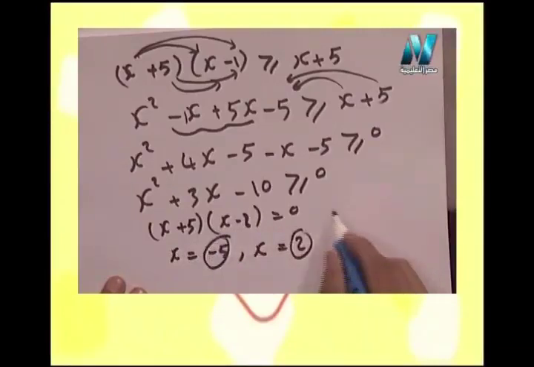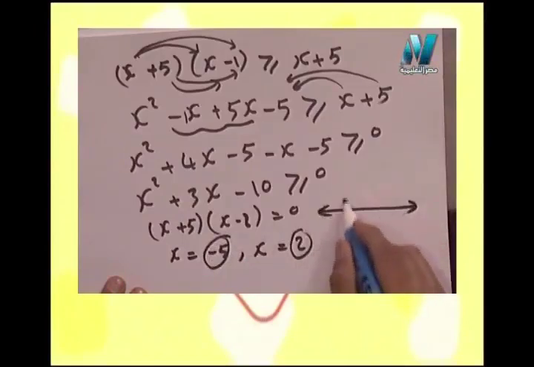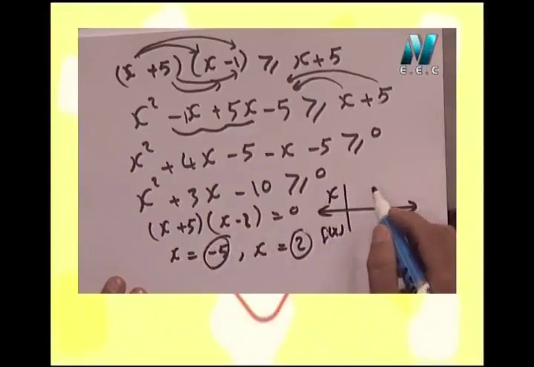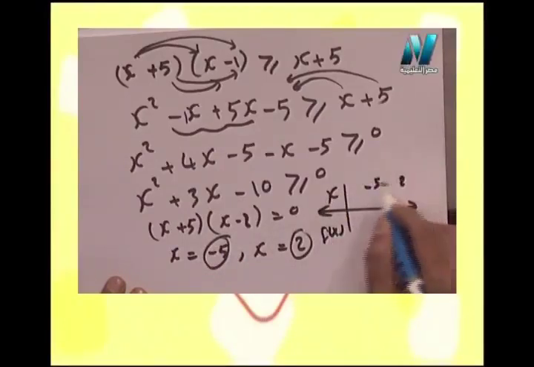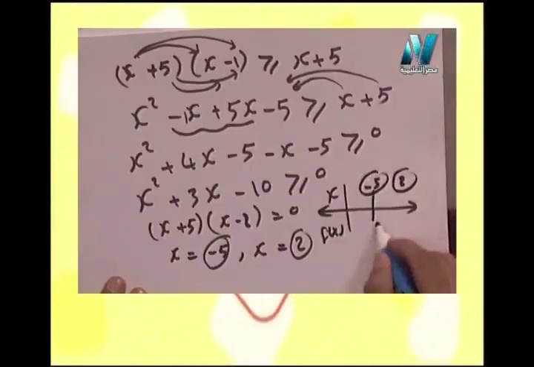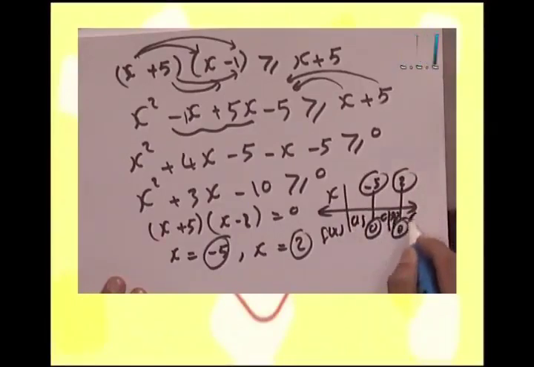If we draw the number line x and f(x), we have two roots, negative 5 and 2. At negative 5 the function equals 0, and at 2 the function equals 0, as we said.